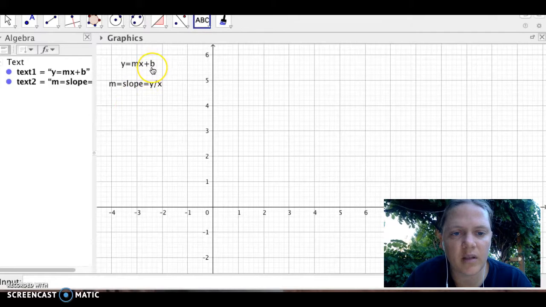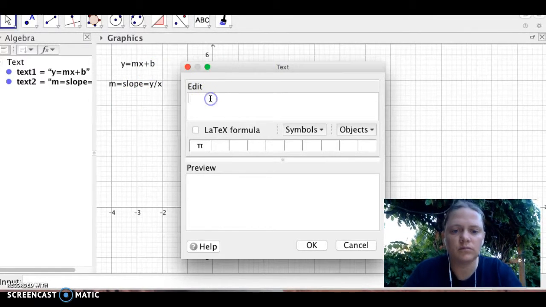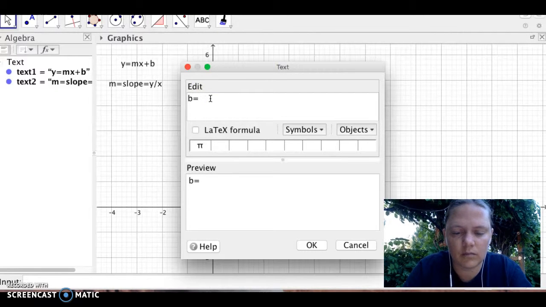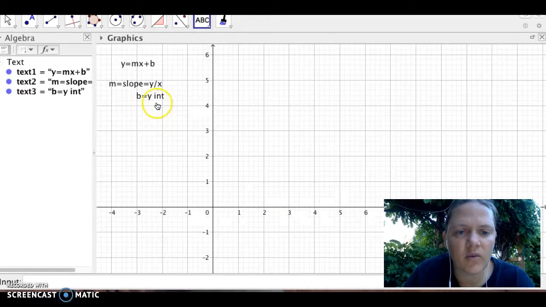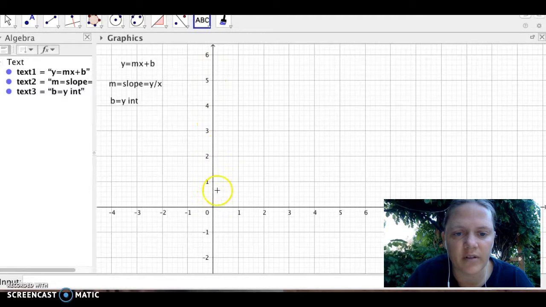And our b in this equation is our y-intercept, otherwise known as where the line crosses the y-axis, when x is 0. Your b is where it crosses this line.